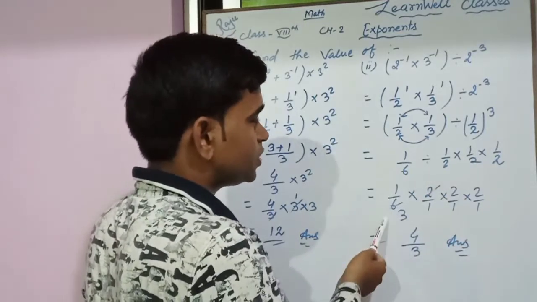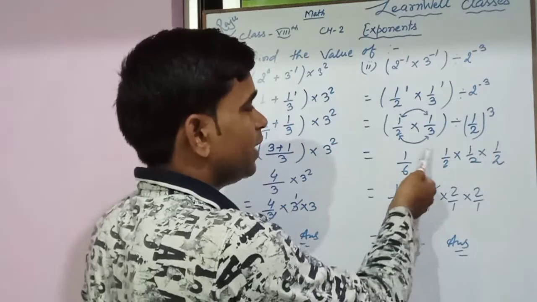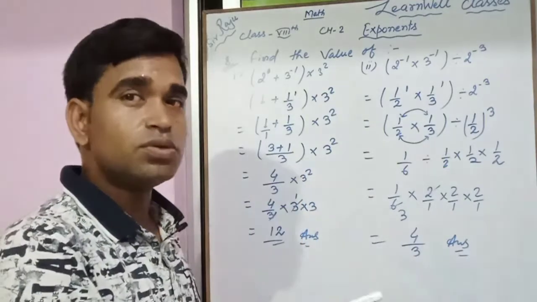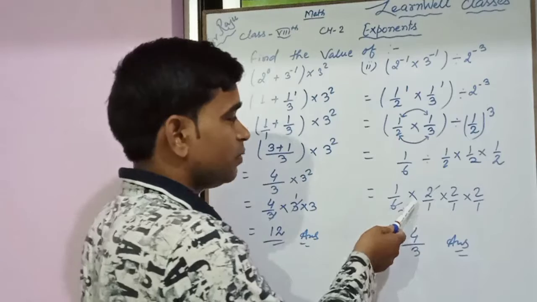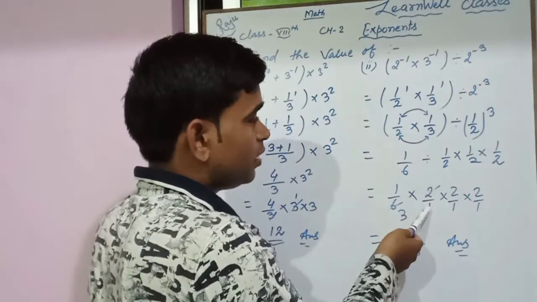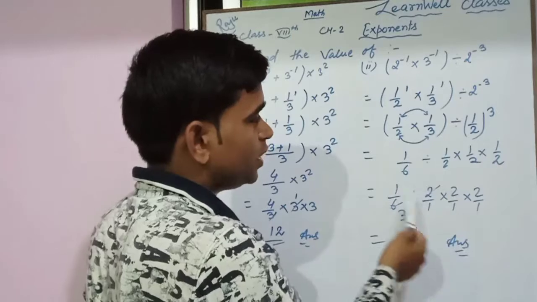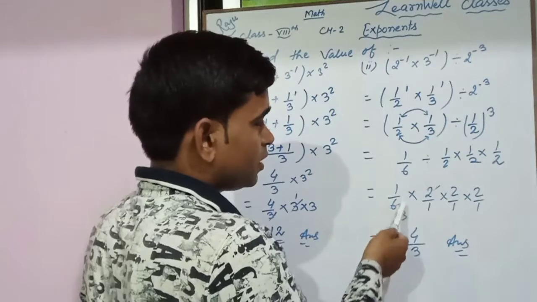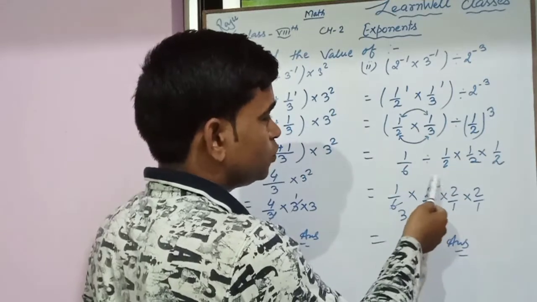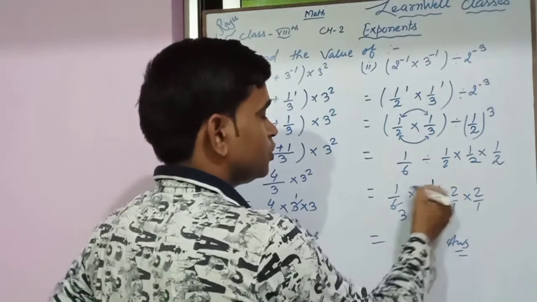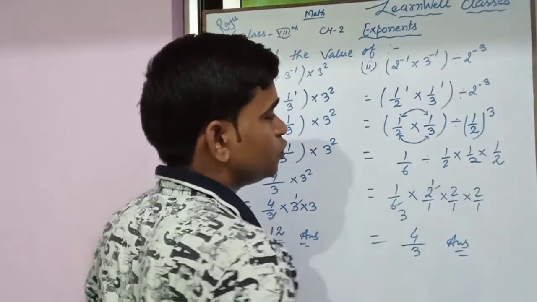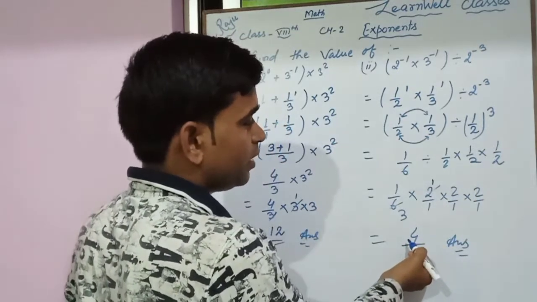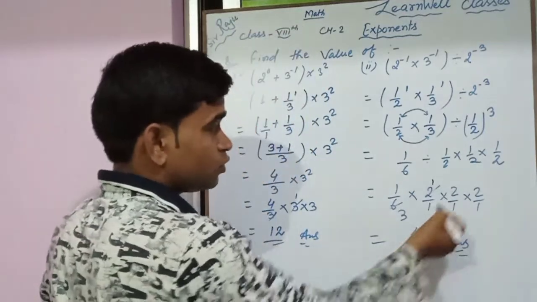So we have 1 upon 6, and when divide is changed to multiply, the number goes to reciprocal form. So we have 2 upon 1 into 2 upon 1 into 2 upon 1. 2 3s are 6, and 1 into 1 is 1, 1 into 2 is 2, 2 into 2 is 4, and 2 into 2 is 4.